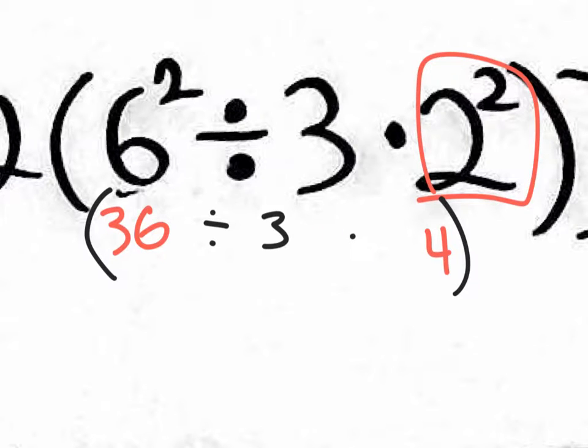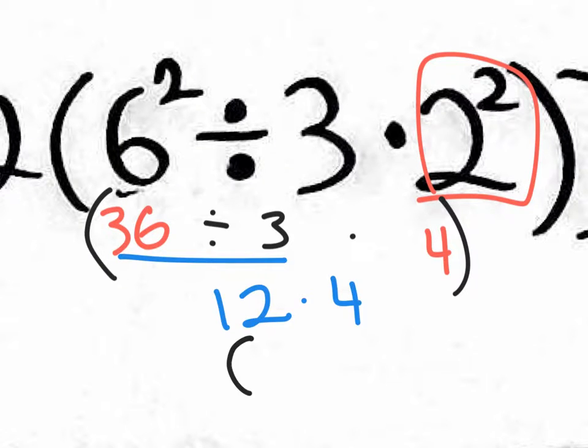Which one do I do first? Divide. PEMDAS, the M and the D are both worth the same, so you just go from left to right. So we're going to go with 36 divided by 3. That's really 12. And 12 times 4 is going to be what? 48. So at the very end of it all, inside the parentheses, we have 48.